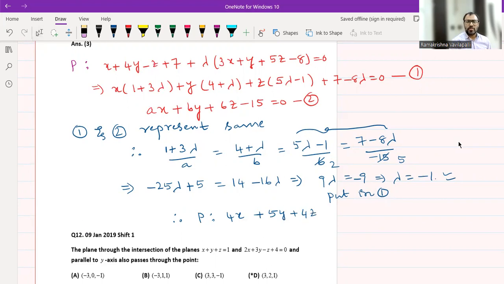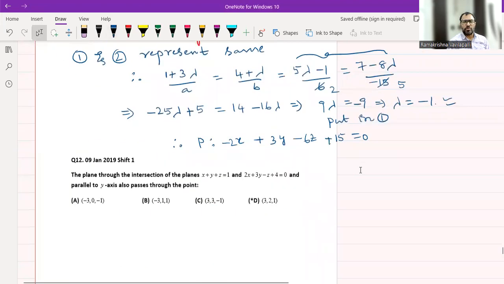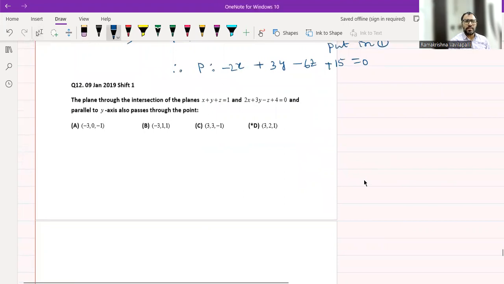So this is minus 2x and this is 3y. I thought it is 1. It's a minus 1. Minus 6y, minus 6z. Okay, and this is plus 15. So we got the plane. Now you need to find the perpendicular distance from (3, 2, -1) to the plane. That you can do.